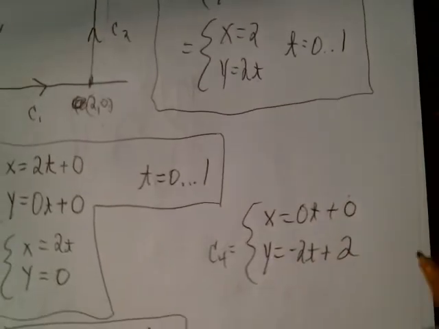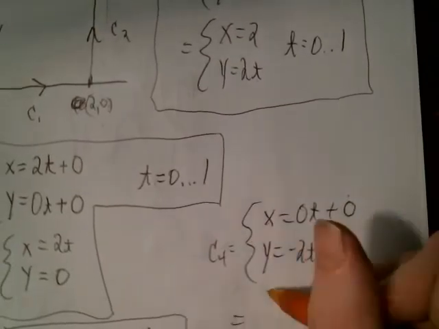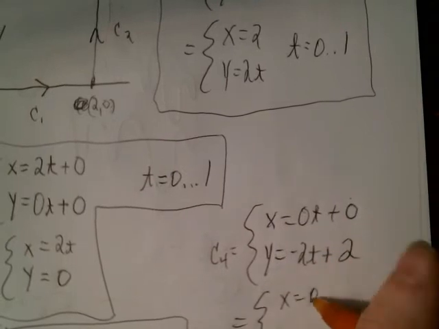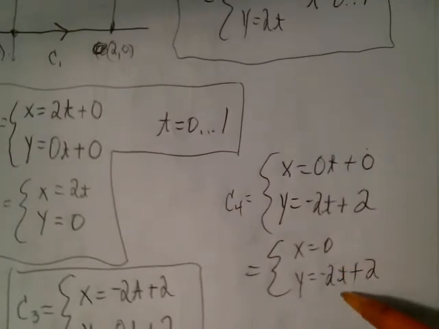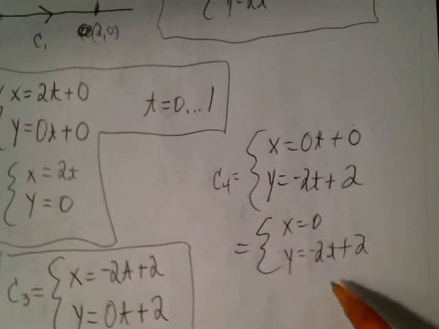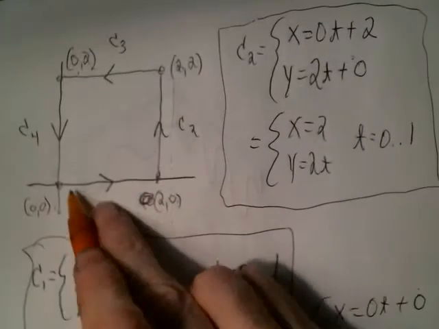Okay, so let's rewrite it. So x is equal to 0, and y is negative 2t plus 2. So at time 0, we'll have 0 comma 2, which is this point. And then at time 1, I'll have 0 comma 0, which is back to the start.